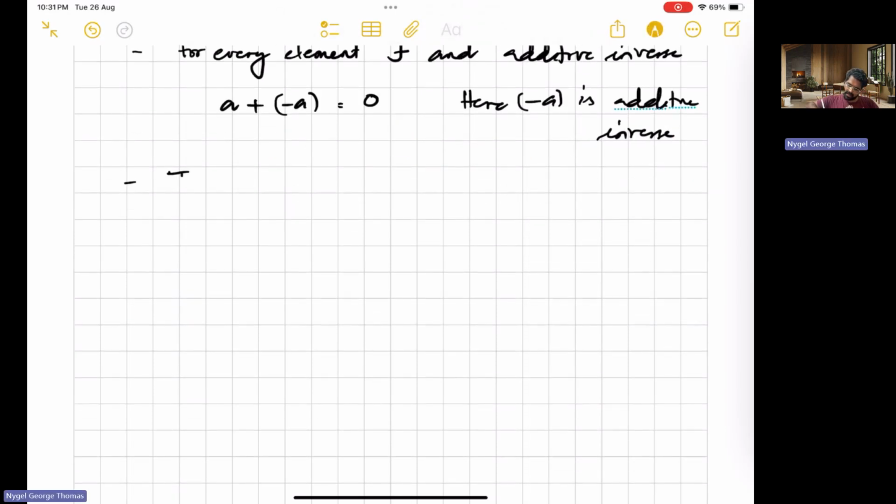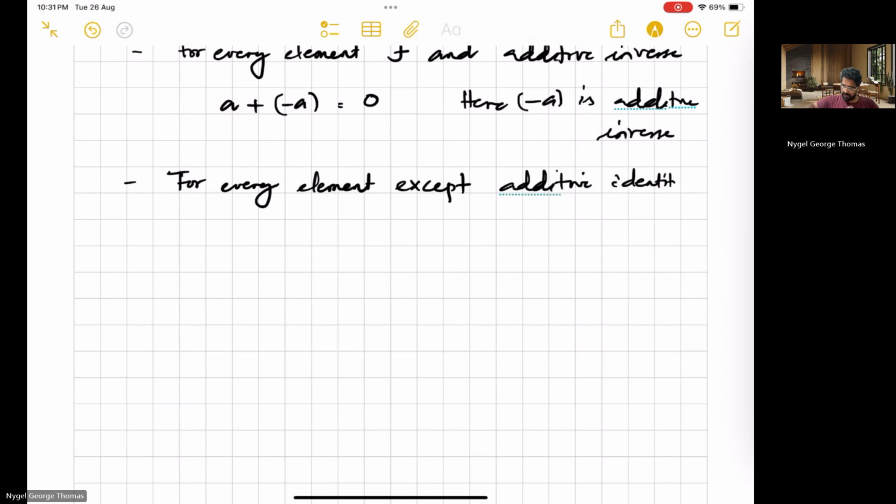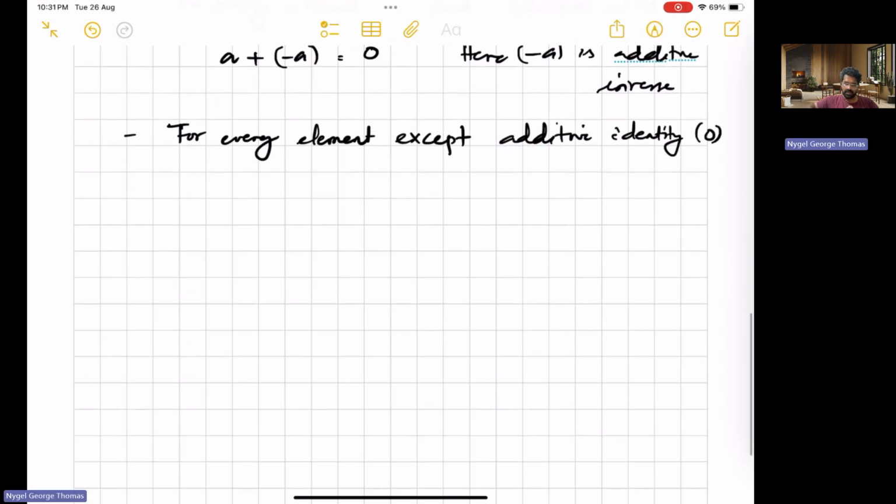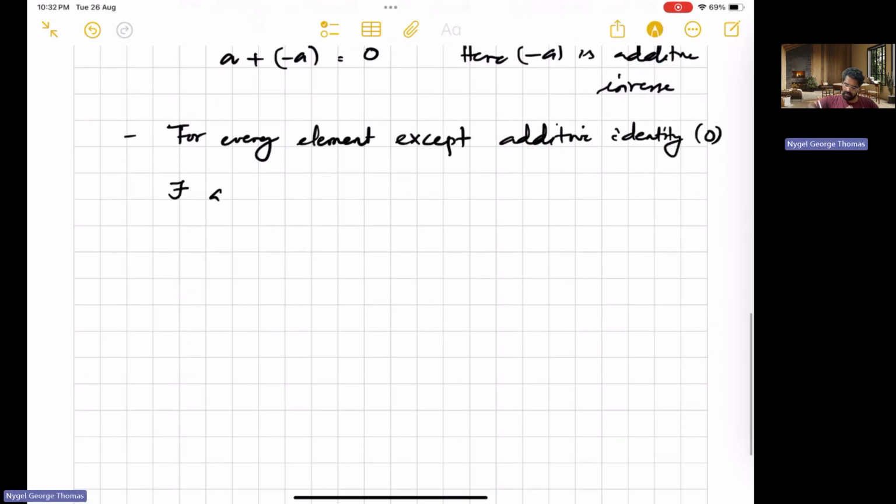Also, for every element except the additive identity 0, there exists a multiplicative inverse.